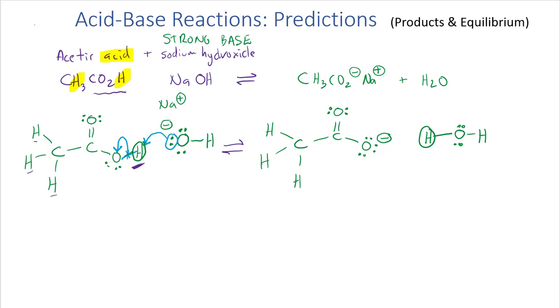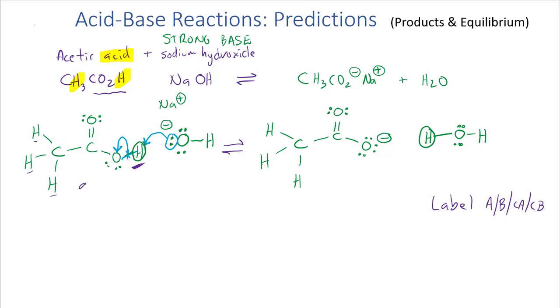Now, in doing so, what we want to do is to compare the relative strengths of the 2 acids or the 2 bases in the equation. So let's start by, first of all, making sure we keep track of all of those.